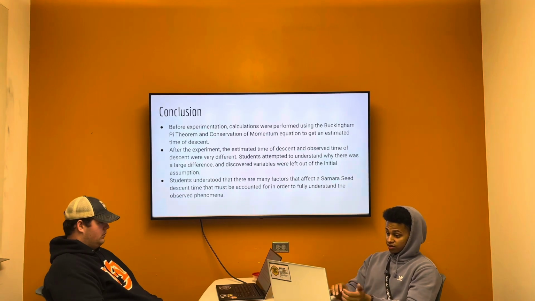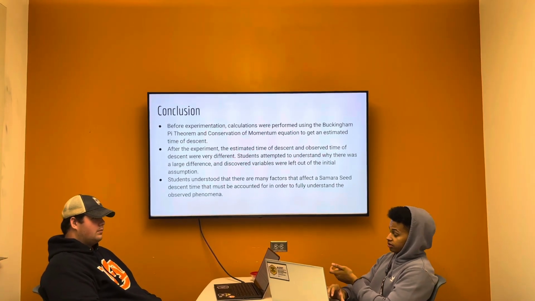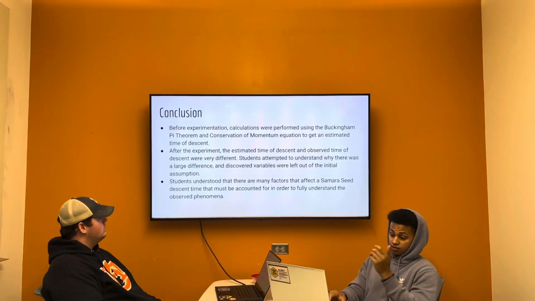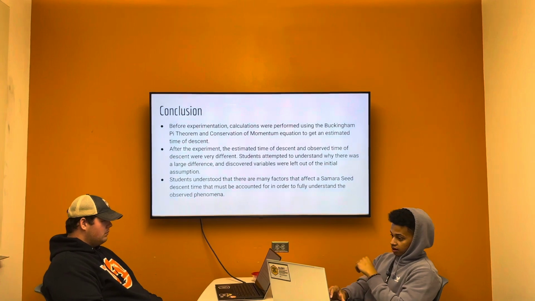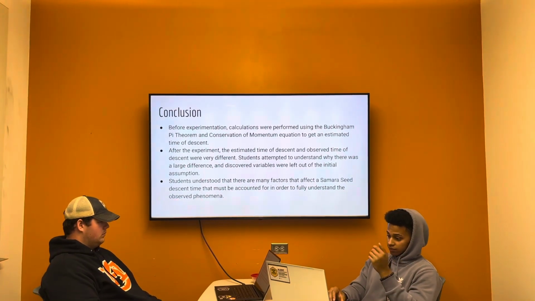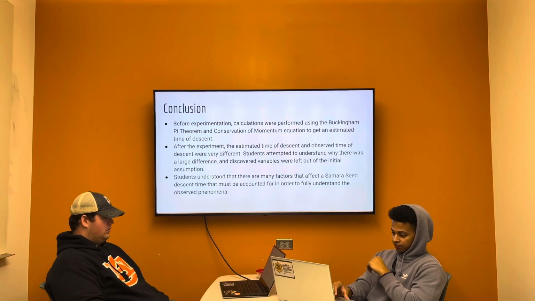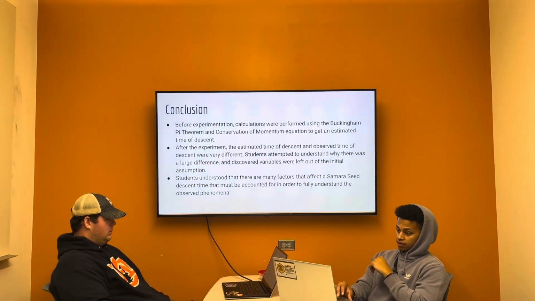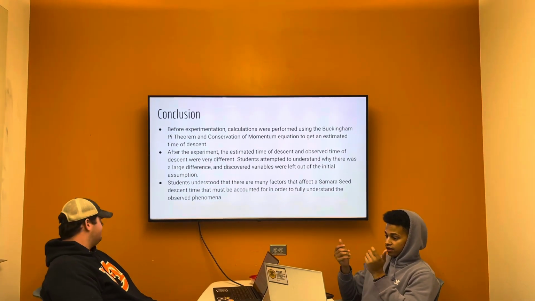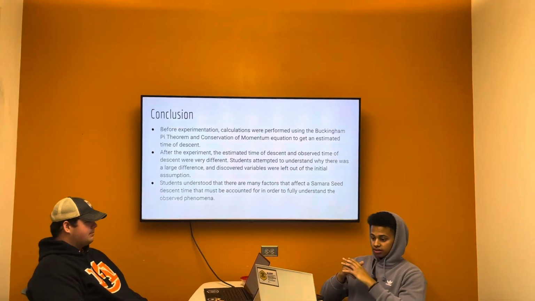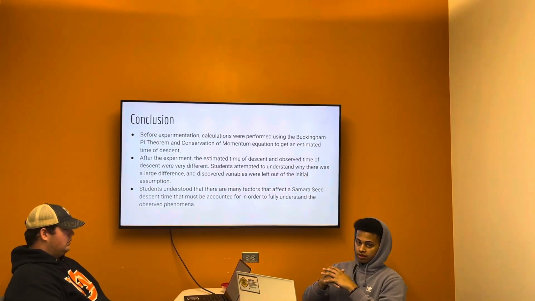Consequently, the outcomes of this experimental analysis presented notable disparities compared to the conservation of momentum and control volume analysis that we derived earlier, despite subsequent attempts to rectify them retroactively. I would say students understood that there are many factors that affect the Samara seed descent time that must be accounted for in order to fully understand what's going on.